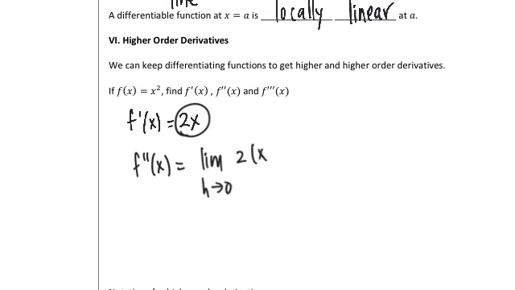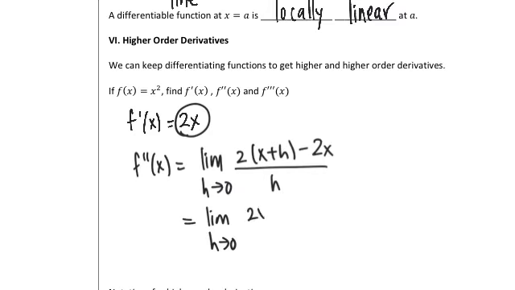So I would do f of x plus h minus f of x and all of the jazz, and I would get 2x plus 2h minus 2x over h. These would all cancel, and I would get 2, right? So the second derivative is f double prime, and in this case, f double prime is equal to 2.